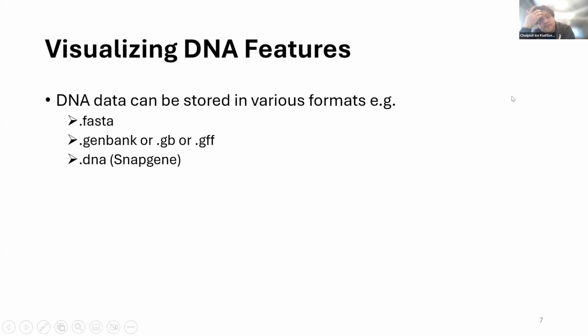So when we talk about this DNA, we can draw a schematic or a figure to represent what they are. But technically, the property that they have is based on just a few simple characters that we can represent in different formats.